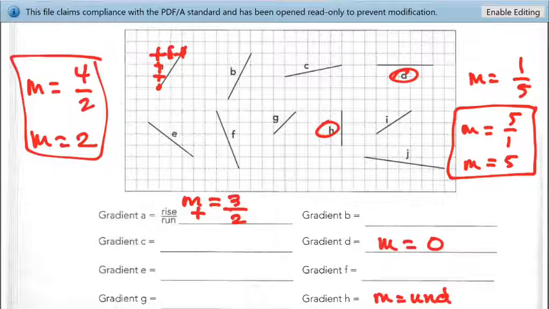Okay? All right, which one do you want to do next? We'll do one more. E? E is your favorite? Okay, fine. First of all, it's going down. What's that going to tell you? Negative. Slope is going to be negative, right? So your slope is going to be some negative number. So start here and go until we hit the next point, which on all of these, unfortunately, is the ends.